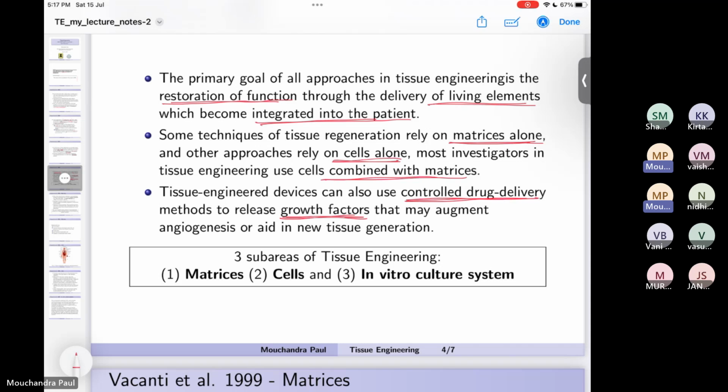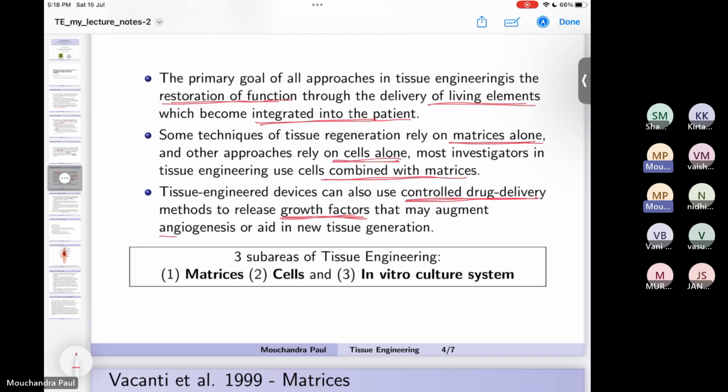When you create a gradient of these growth factors, the cells can sense it, and they will try to migrate towards the source of that growth factor from where it is releasing. So whatever signal it is getting, it will do some kind of a function. When you want to trigger a particular type of function, you will use a particular type of growth factor. So this kind of engineering you need to do in order to get an overall therapeutic effect.